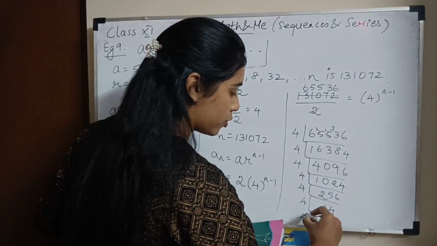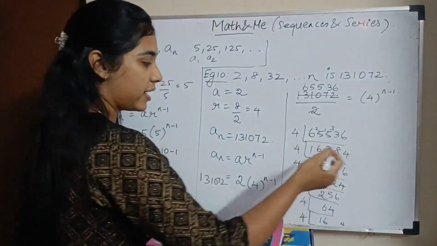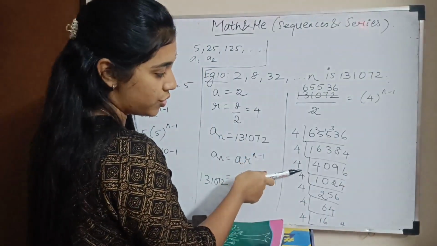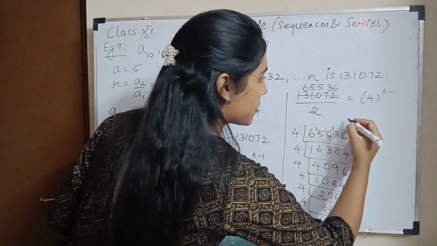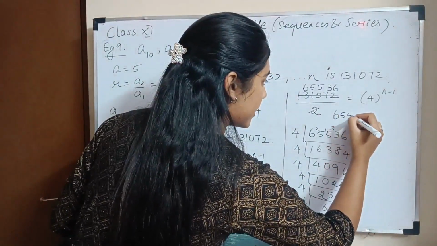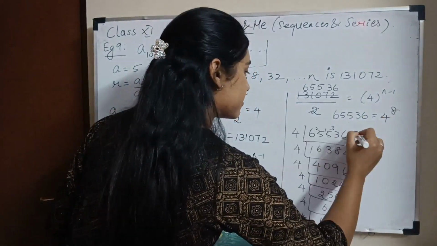So what do I have? Counting the number of 4s: 1, 2, 3, 4, 5, 6, 7, 8. It is 4 to the power 8. So your 65536 is nothing but 4 to the power 8.